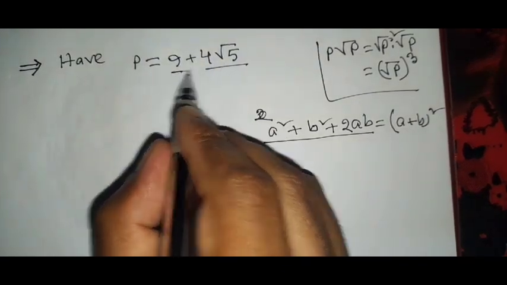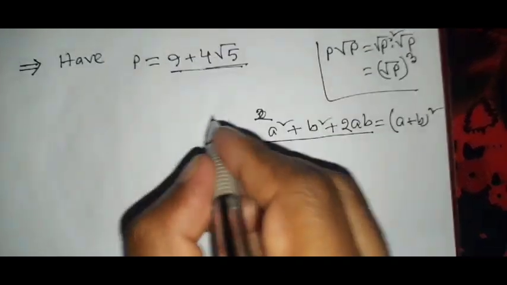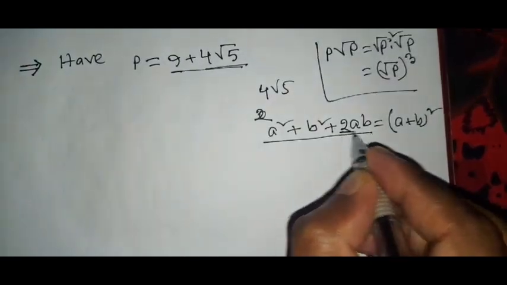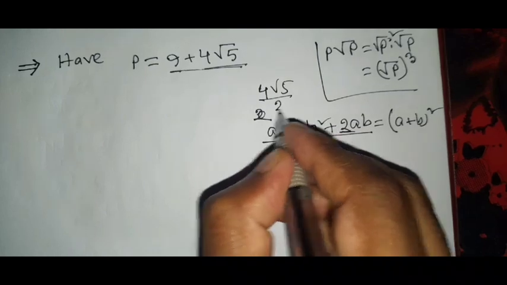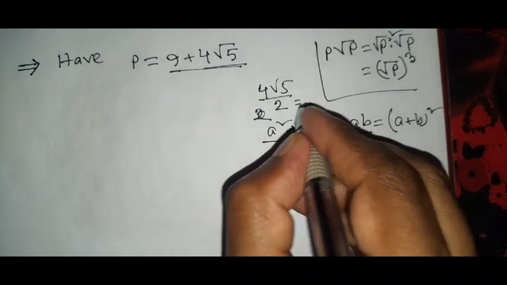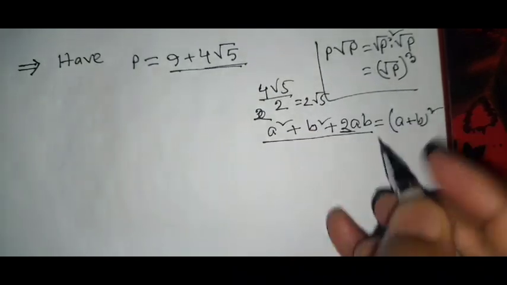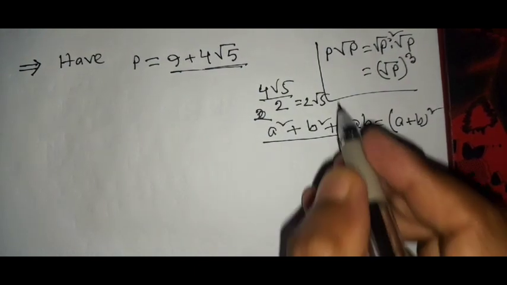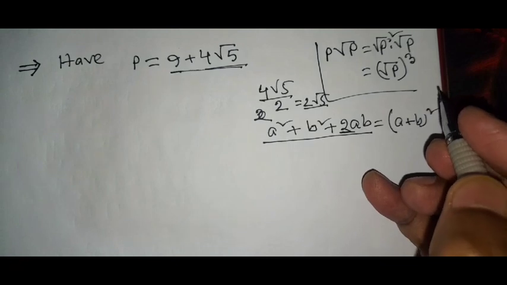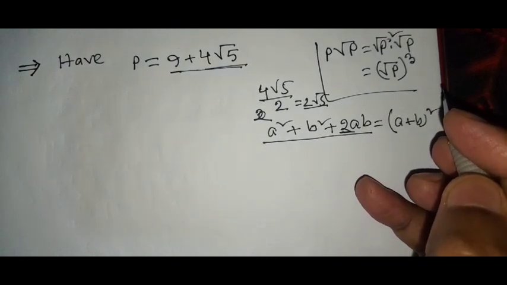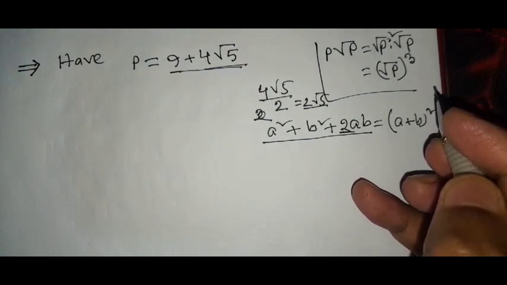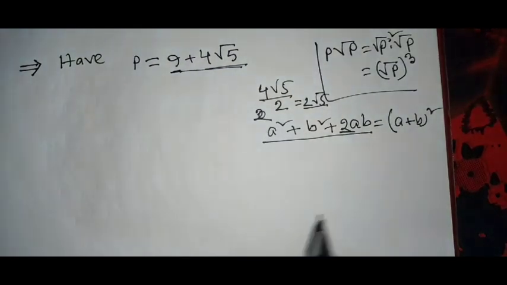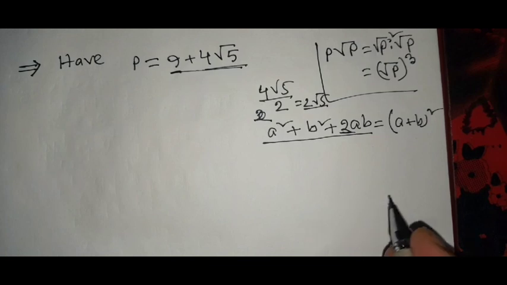So we factorize it. Here 4 root 5 is 2 times 2 root 5, so we divide by 2 and get 2 root 5. Then we factorize this: how is it possible?